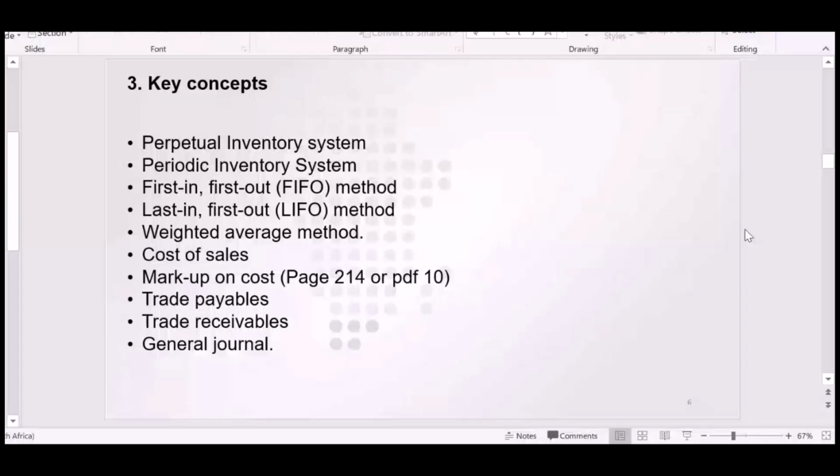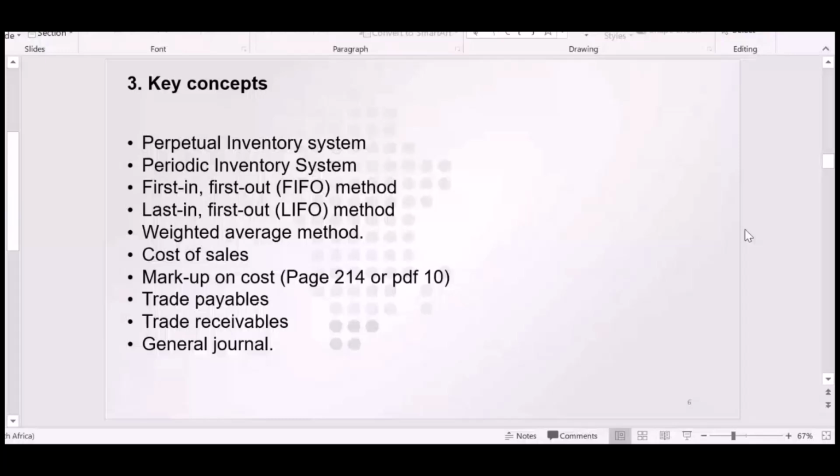That's when last in, first out applies, meaning the bread that we baked today will go out first. Then when it's finished, we can start selling the one which is no longer hot, the one that we baked yesterday. So last in, first out is what we have received last goes out first, and what we received earlier on will go out last.